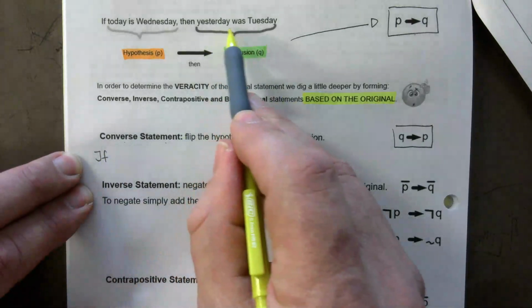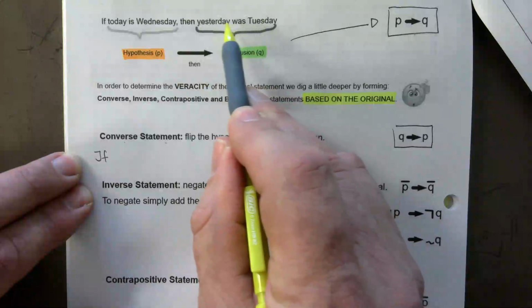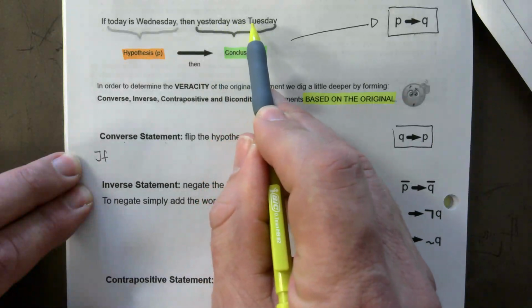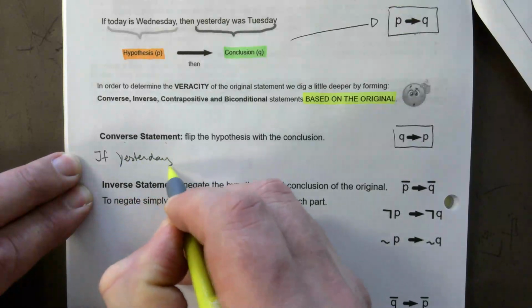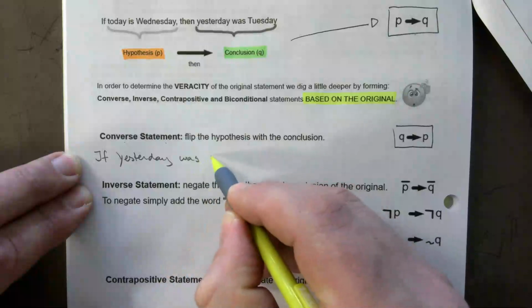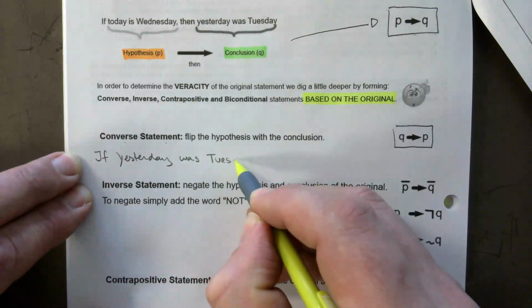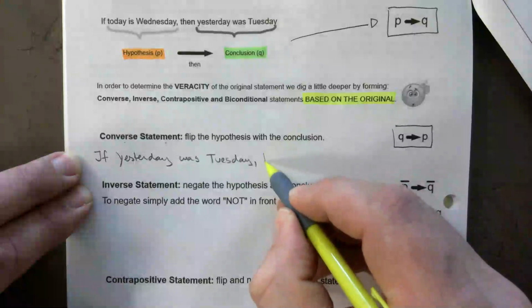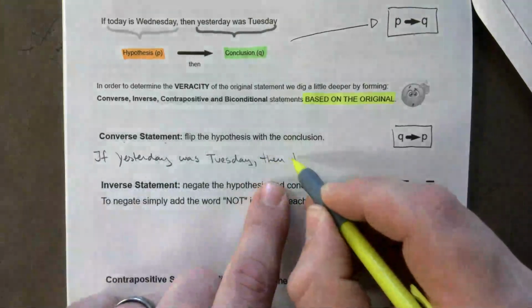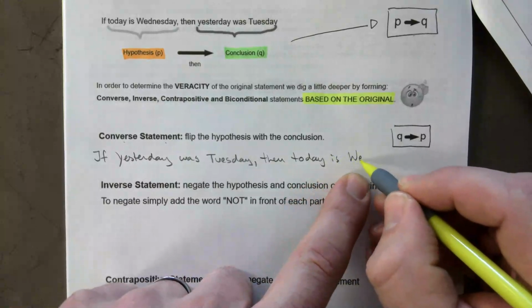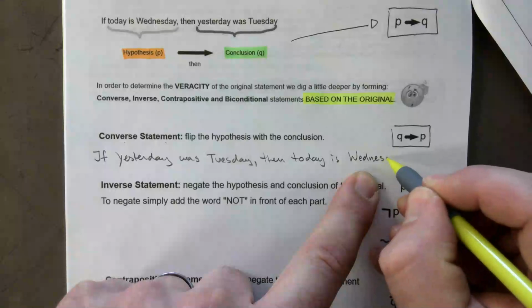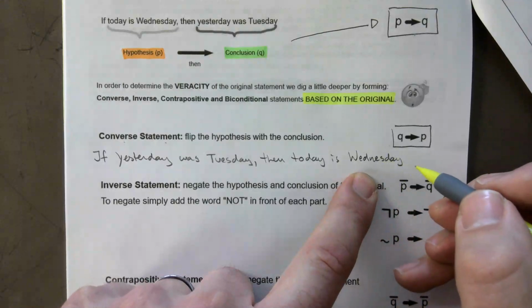If yesterday was Tuesday, so right, that's the Q part earlier. So if yesterday was Tuesday, comma, then today is Wednesday.